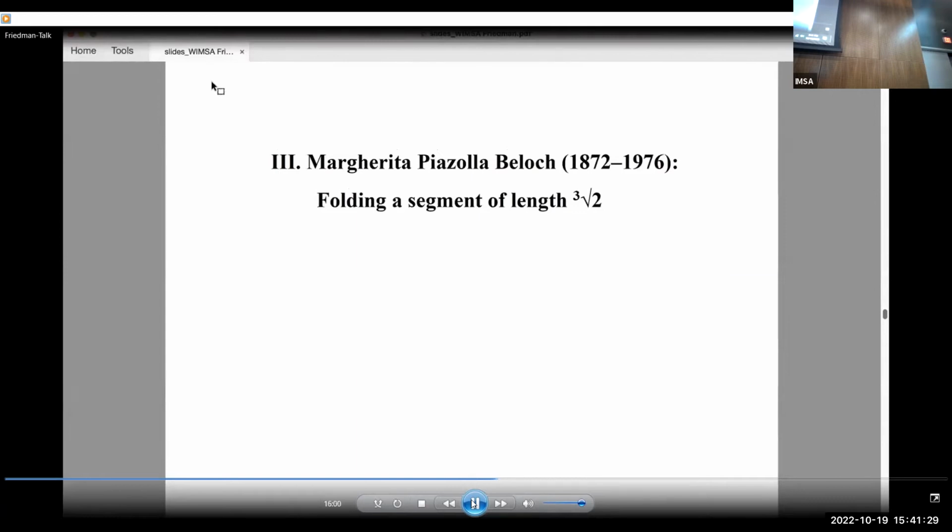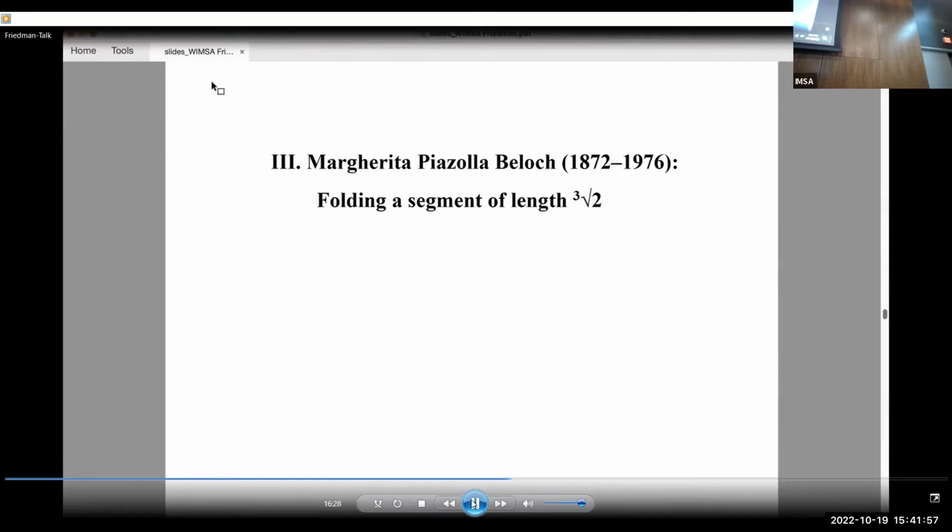An Italian mathematician, Margherita Beloch, was from 1927 a full professor at the University of Ferrara, where she taught until her retirement in 1950. While working mainly in the fields of algebraic geometry, algebraic topology, and photogrammetry, between 1934 and 1936 she published several papers on the mathematics of paper folding.